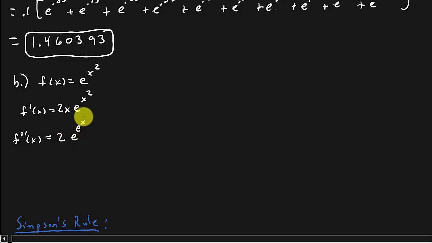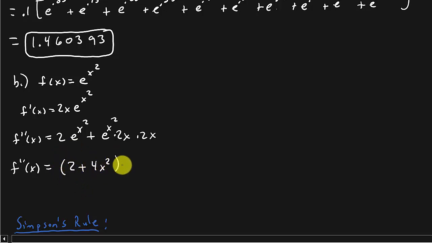That's 2 times e to the x squared plus e to the x squared times 2x, the derivative of the exponent, times 2x. And so I get f double prime of x. I'm going to factor out an e to the x squared. That's going to leave me with 2 plus 4x squared times e to the x squared.